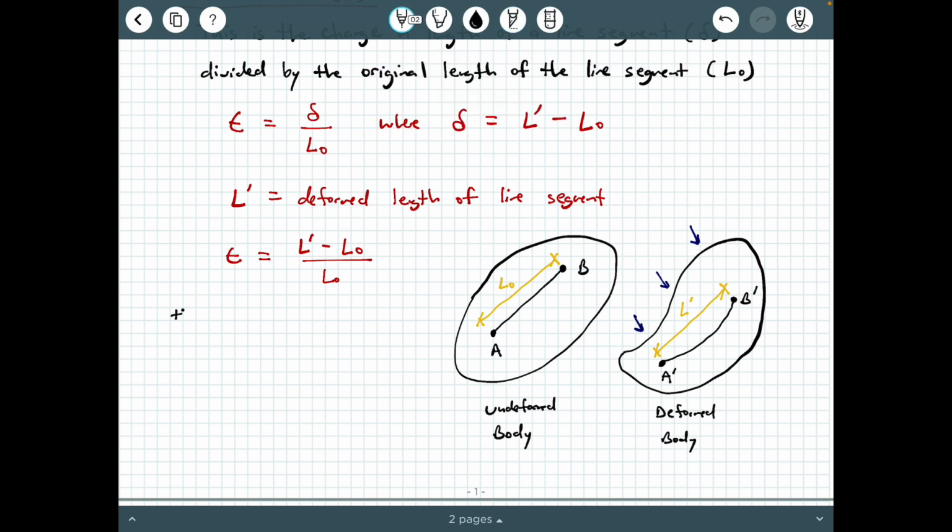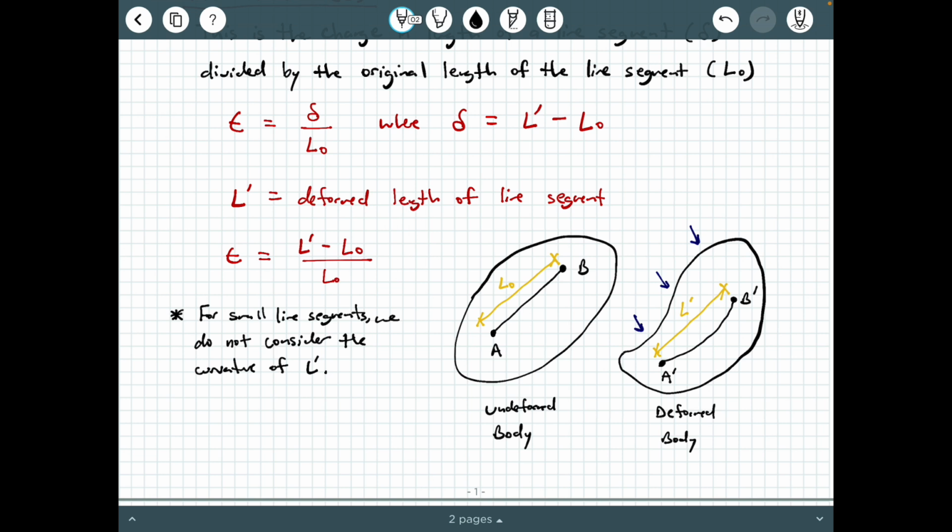I'm going to make a little asterisk here. For small line segments, we do not consider the curvature of L prime, okay? So we see that L prime is some kind of new length, all right?